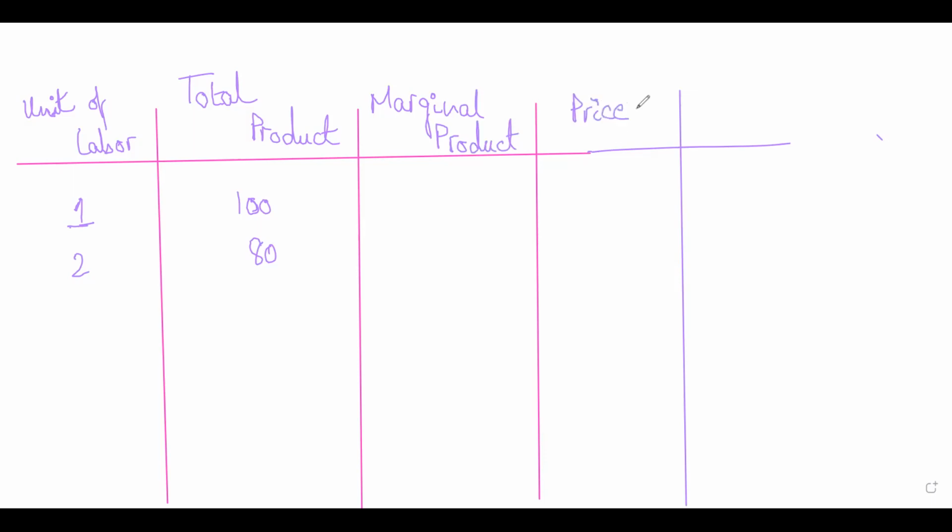And then you have marginal revenue product of labor, or you can simply write this down as marginal revenue product, right? Is this making sense, students? Have a look at this.